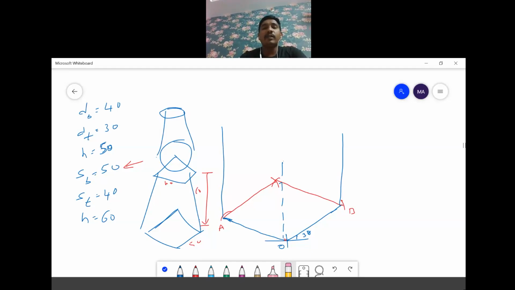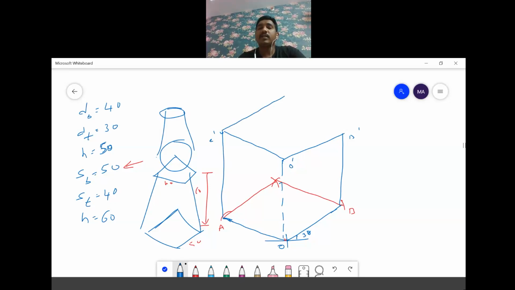Then I am joining, I get a point here which I consider as O dash. Then I consider this point as B dash, and this point as C dash. I am joining these two. Or else you can put OB on the drafter and draw a parallel line up to 60 here.